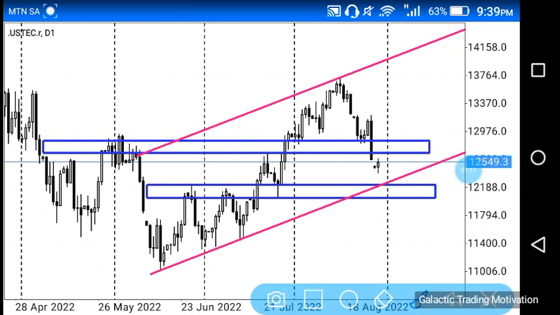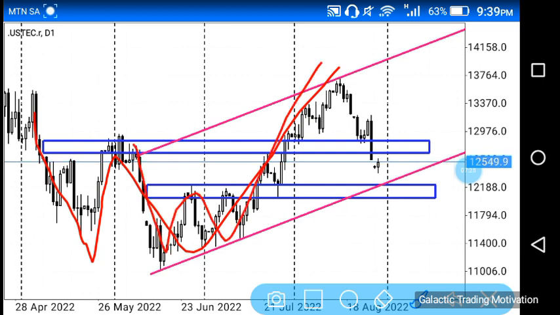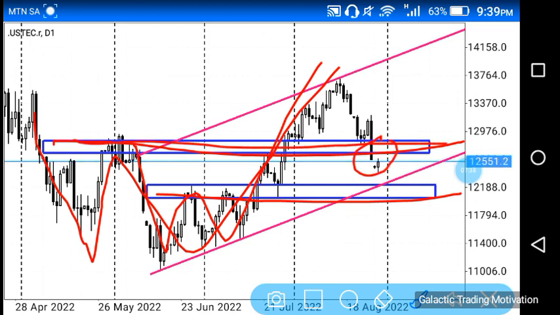So remember, we have two W structures, this one as well as this one, right? And the bigger one has a neckline there, and the smaller W structure has a neckline here, right? And we can see that this neckline at this point is somewhat not as stable as this one, in that it was broken to the downside quite a bit.